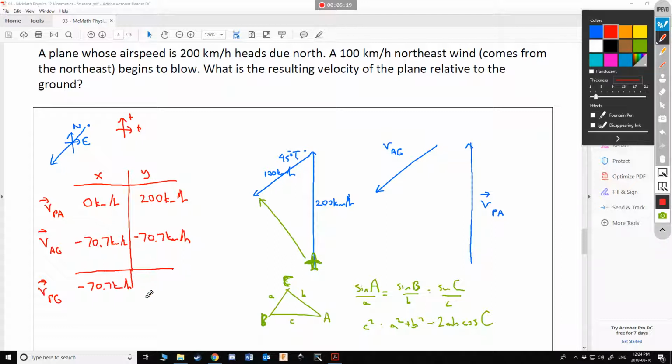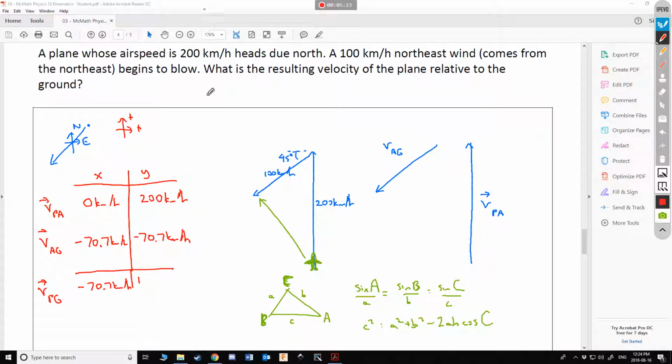When I subtract those two, I get 129.3 kilometers per hour in the y direction.